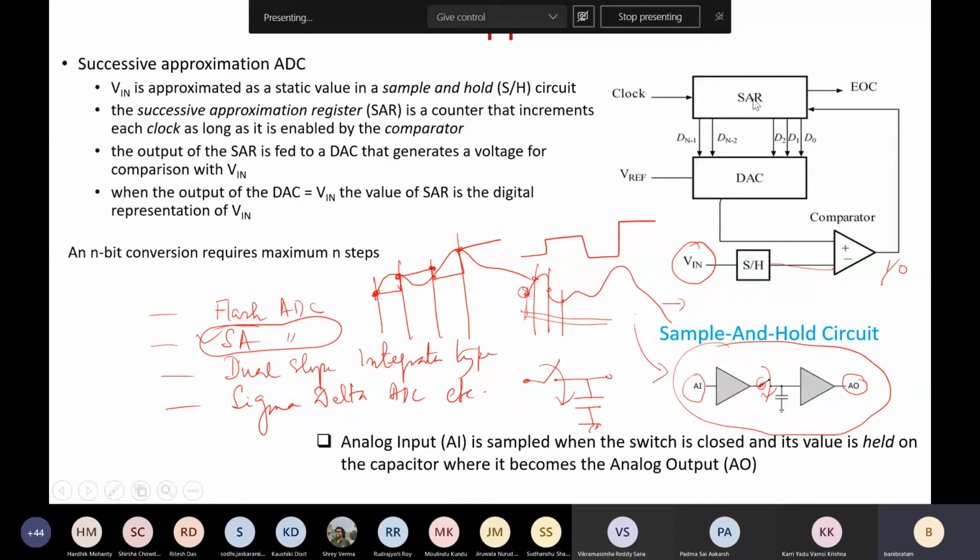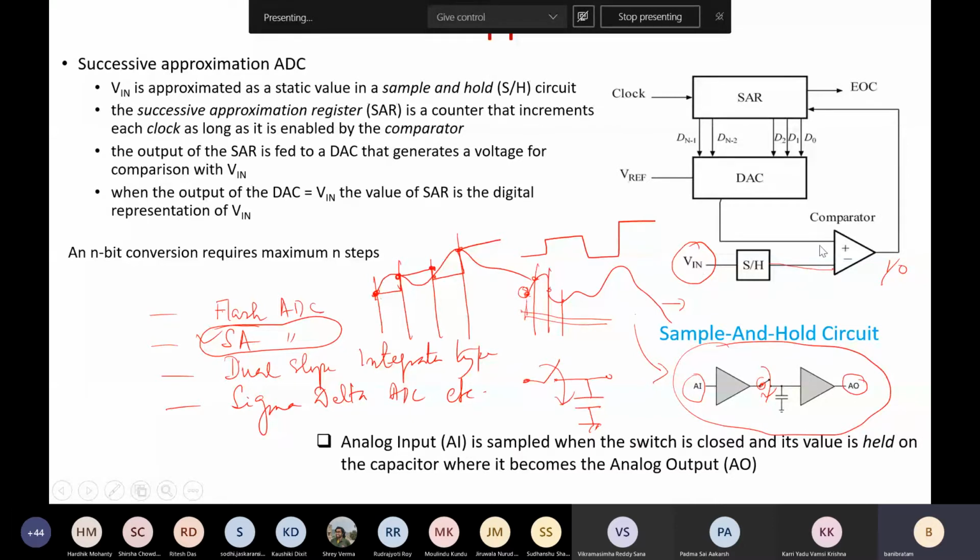And the digital bits of that successive approximation register will go to a DAC. So inside the ADC, one DAC is also required. The DAC will take the successive approximation register digital bits and convert them into an analog signal, and that analog signal will be compared with our input signal.